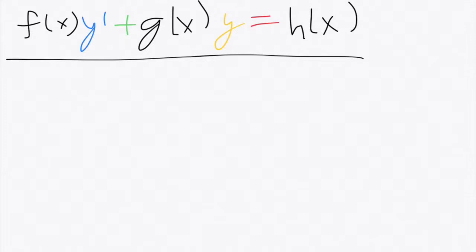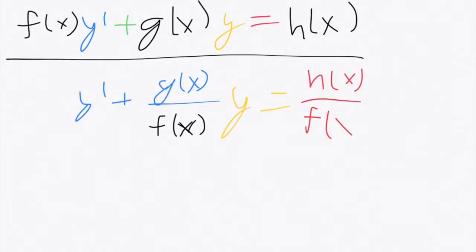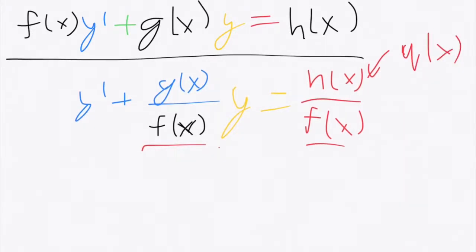So what we're going to first do is divide all three terms in this expression by f of x, giving us y prime plus g of x over f of x times y is equal to h of x over f of x. And for the sake of maintaining things nice and simple, we're going to make substitutions for these two. We're going to let this quantity be q of x and this quantity be p of x.